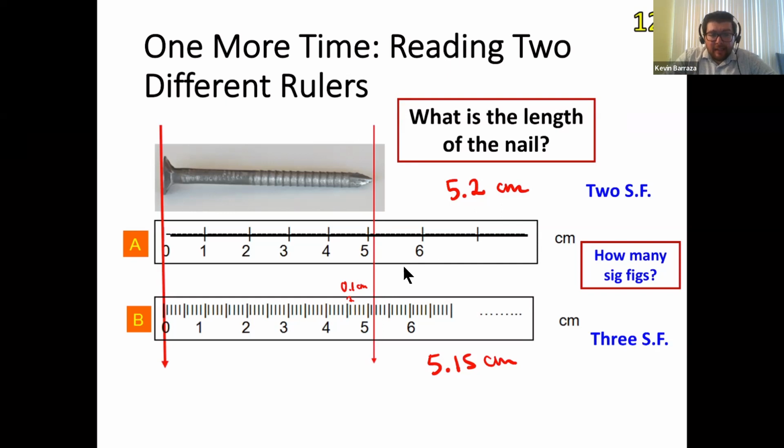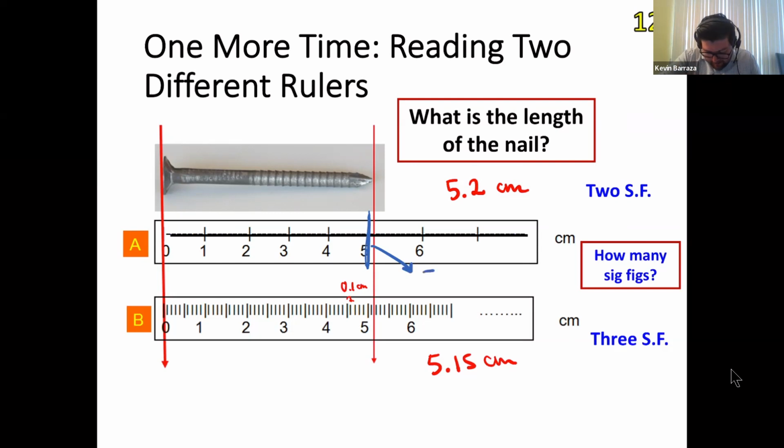Now, what would happen if my measurement was right on, maybe right on the 5 line, right here? What would I write down? Maybe I'll just put it right there. If I had a nail whose height was right on the 5, what would I write?